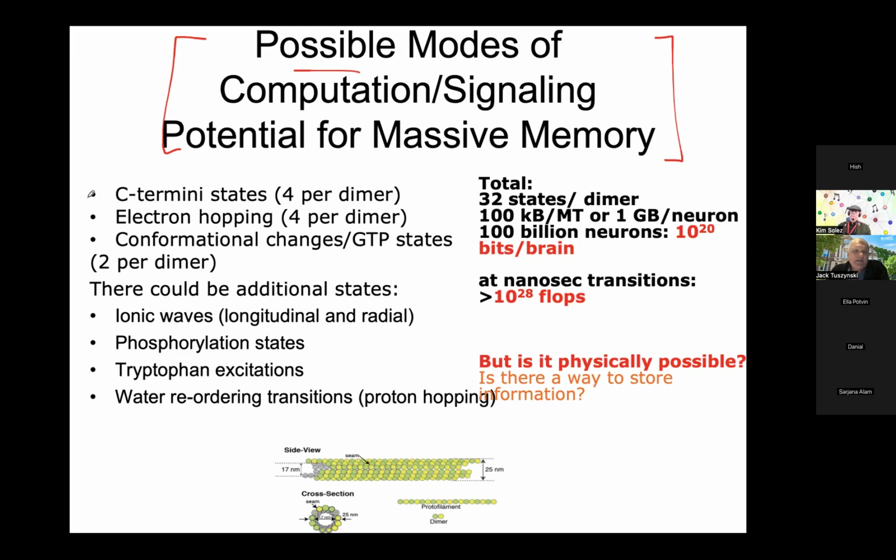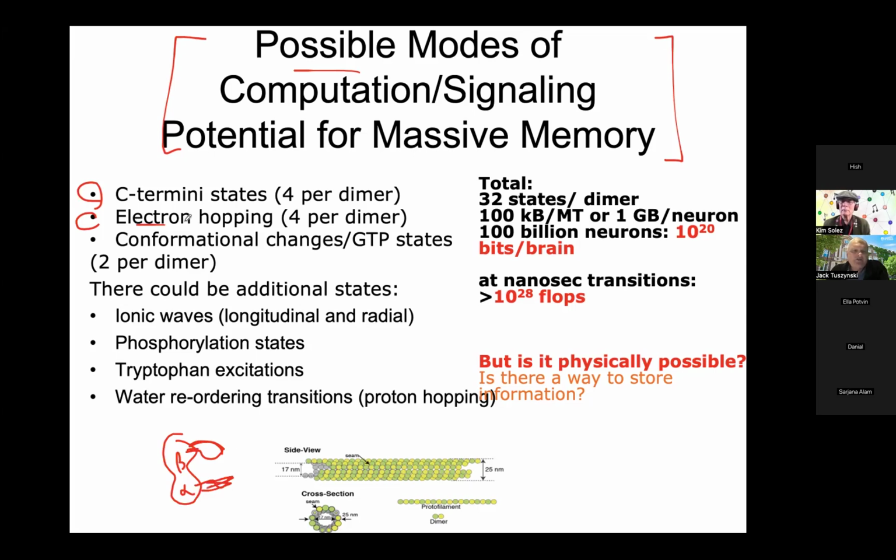And these are the states that we know exist, and they can contain information. So C-termini states, C-termini are these charged protrusions of each of the monomers in a tubulin dimer, and they can be at least in 2 states, stretched out or bound to the surface. It's like flipping a switch from bent to straight, and you can encode 0 or 1 in it.